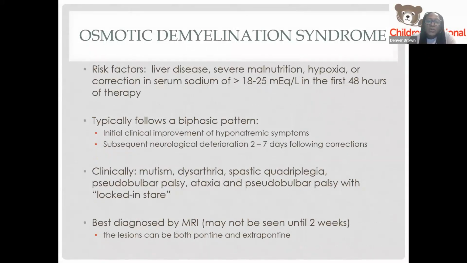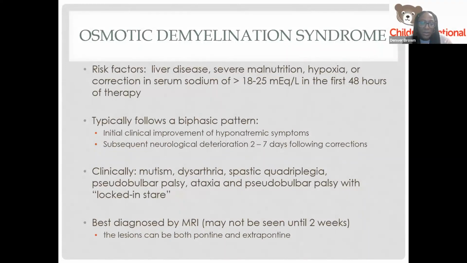Okay. In terms of risk factors for osmotic demyelination syndrome, liver disease is a risk factor, malnutrition, hypoxia, or, as I mentioned, correction of the serum sodium, typically greater than 18 to 25 milliequivalents per liter in the first 48 hours of therapy. Typically, it follows what's called a biphasic pattern.